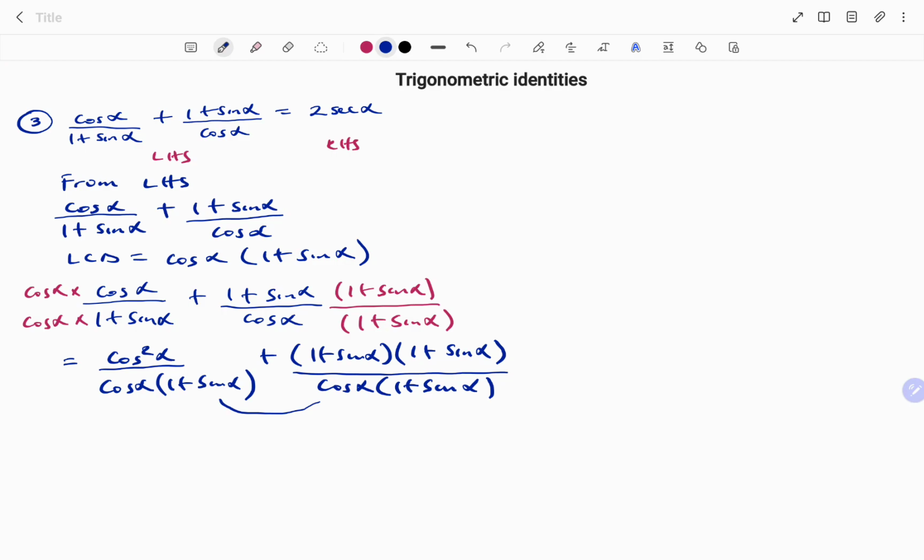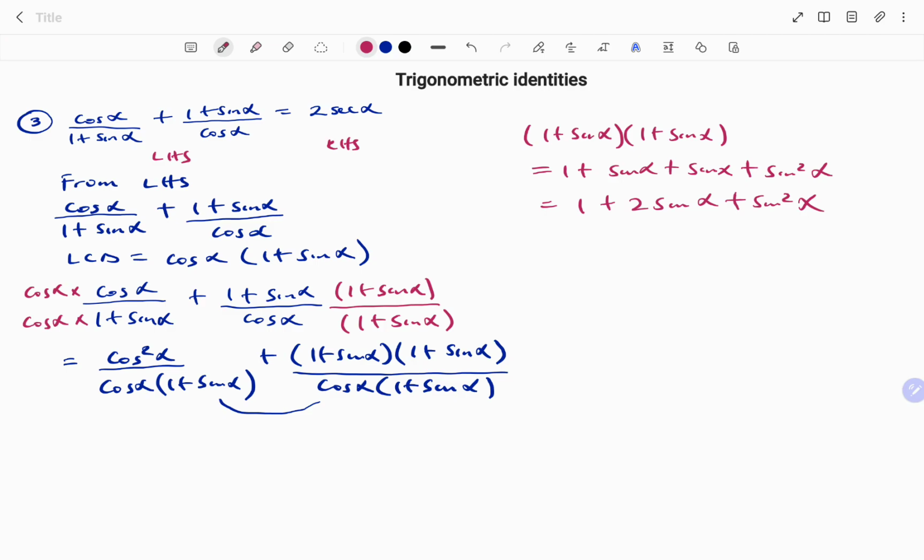Now the denominators are the same. We can group them. Before we group, 1 plus sine alpha multiplying 1 plus sine alpha will give us 1 plus sine alpha plus sine alpha plus sine squared alpha. That will be 1 plus 2 sine alpha plus sine squared alpha.